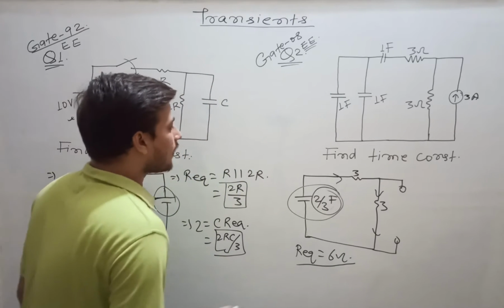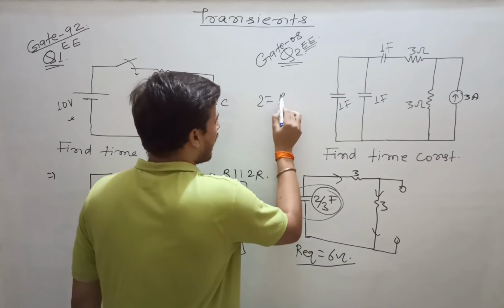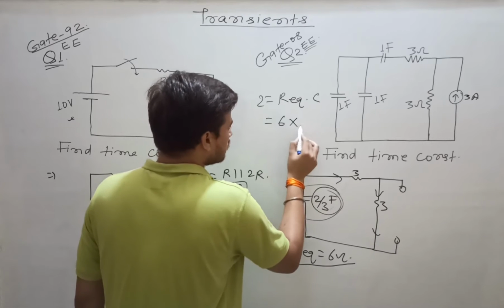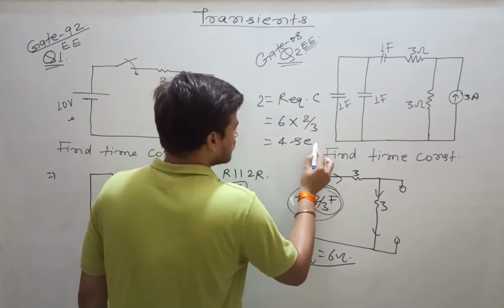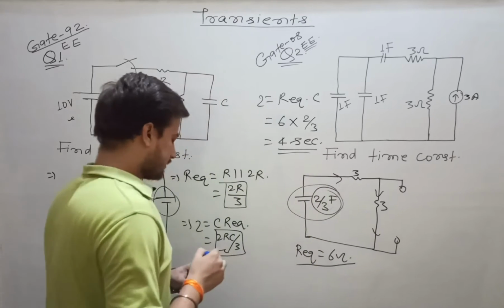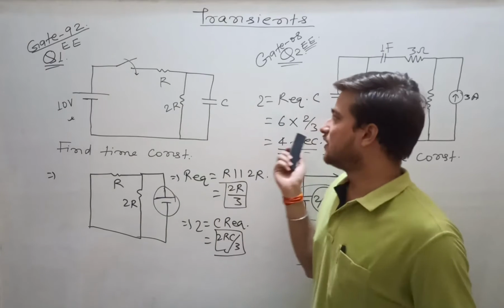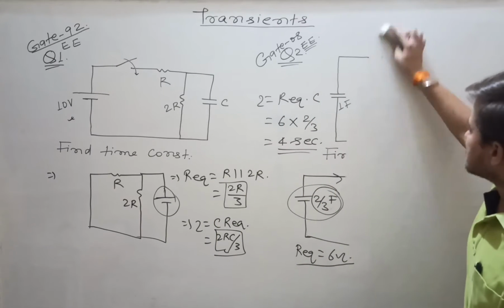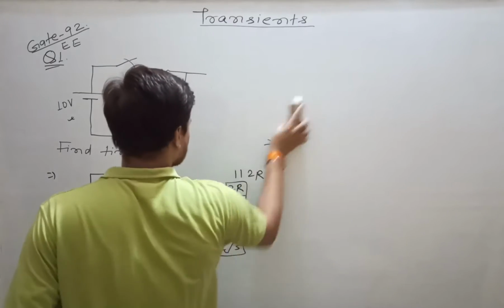So if R equivalent is equal to 6 ohm, therefore time constant tau will be equal to R equivalent into C. From here 6 into 2 by 3, that means 4 second. So your answer will be 4 second. This will be the value of time constant of this question. Clear?